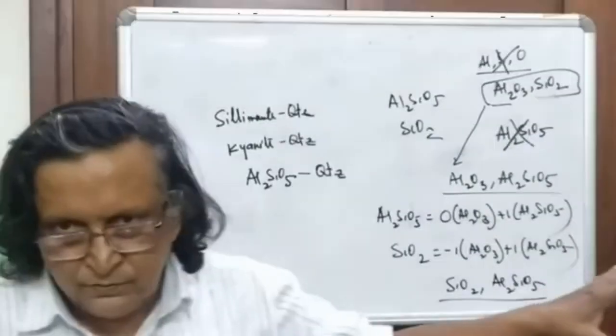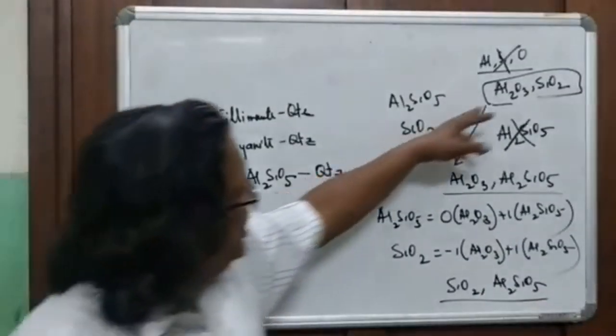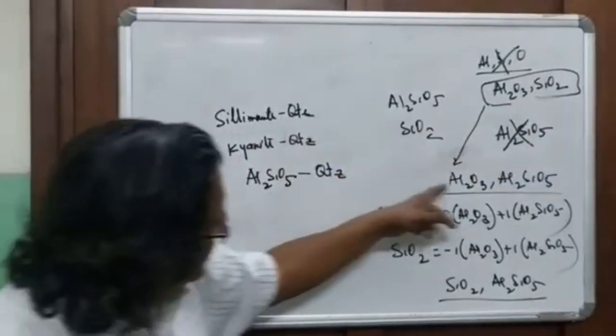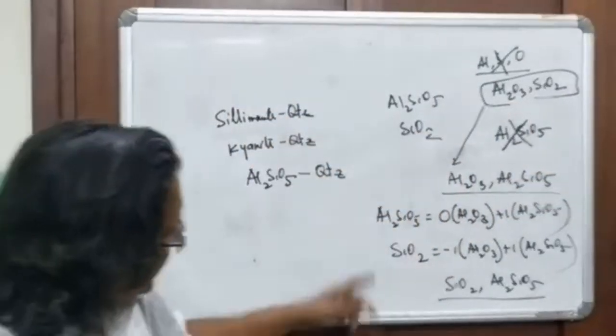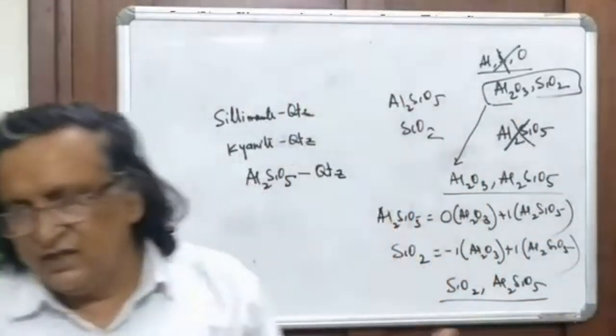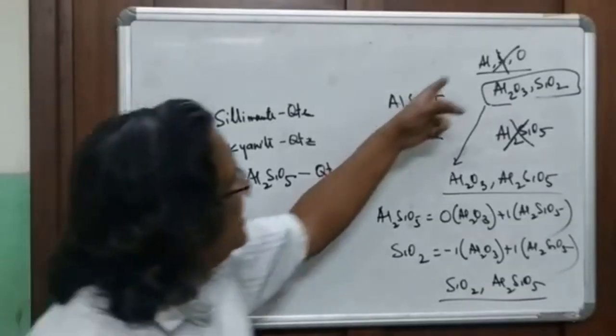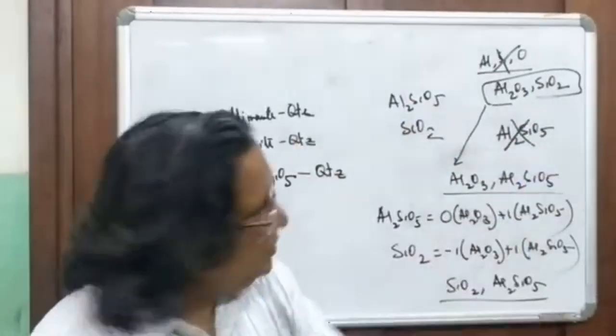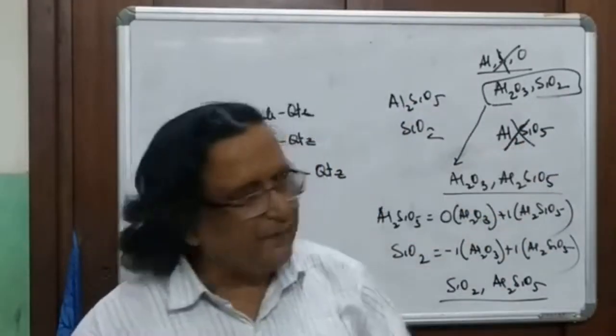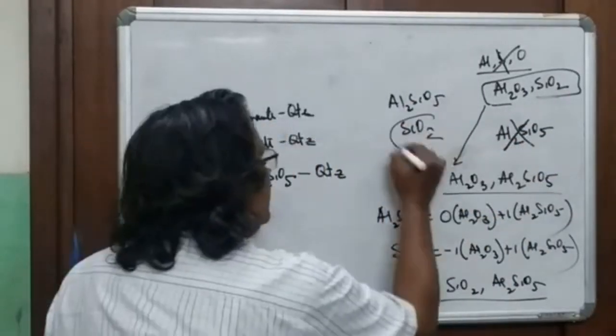Rest, it doesn't matter. You can have Al2O3 and SiO2, you can have Al2O3 and Al2SiO5, you can have SiO2 and Al2SiO5. Doesn't matter. But you can't have Al, Si, O, 3 components, it is wrong. And you can't take only Al2SiO5 because you can't describe the formula of SiO2.